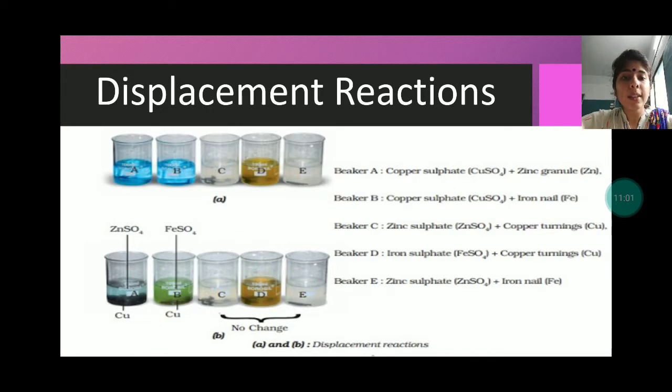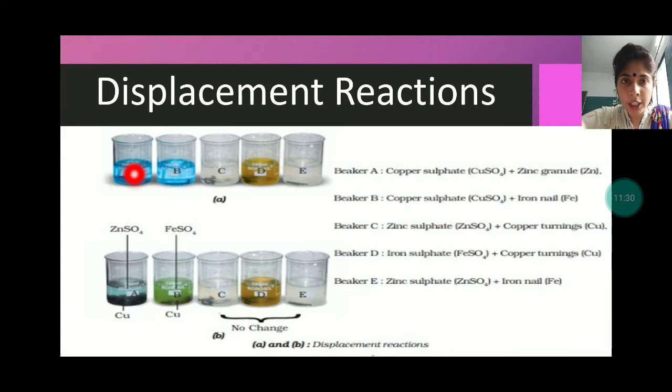Let us see. Here you can see that A has changed. Why? Because in this copper sulfate, zinc granules are there. Zinc is very reactive compared to copper in the copper sulfate solution given in the beaker.